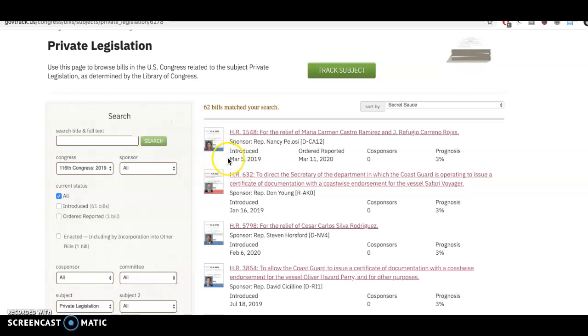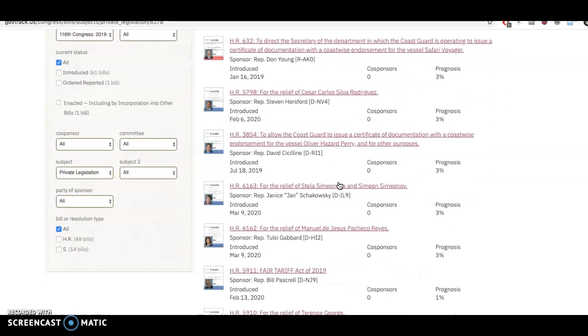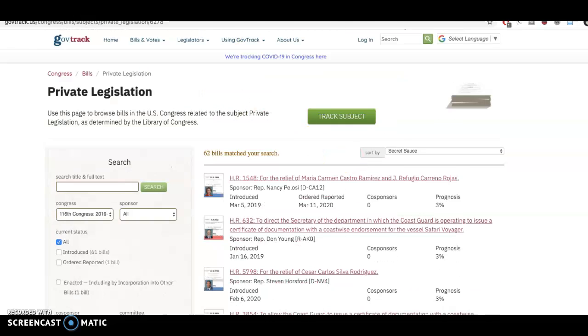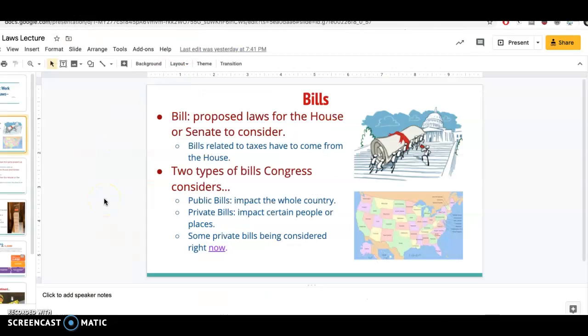So this one was introduced on March 5th, 2019, and has nothing going for it, unfortunately. So you can see how long a process this is, and how specific individuals are involved in them.